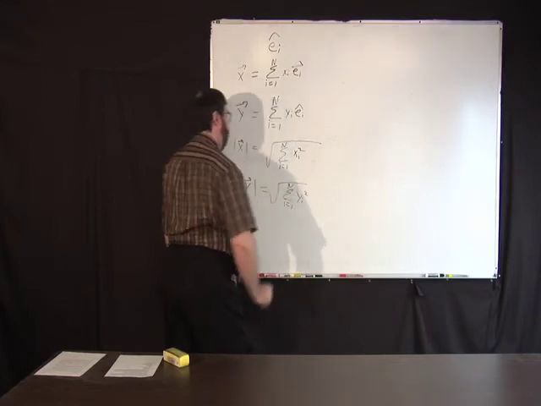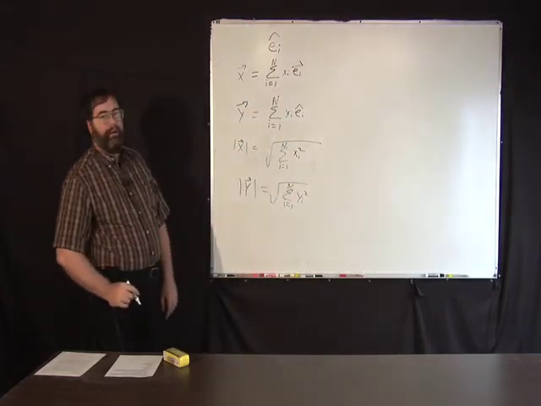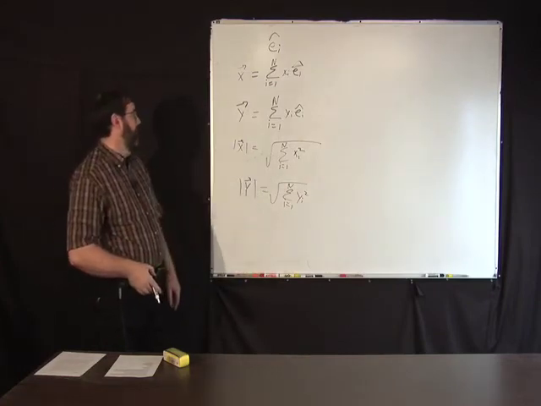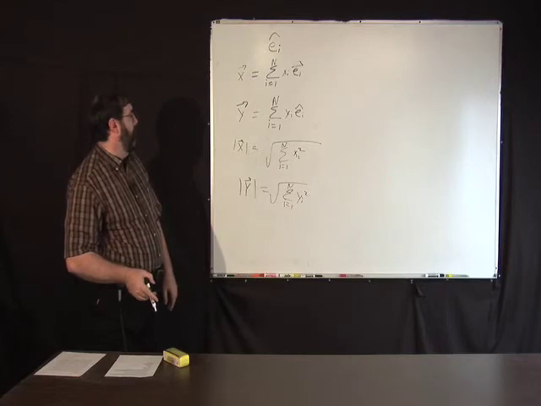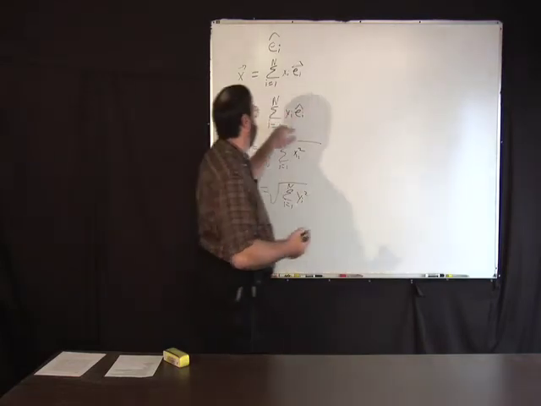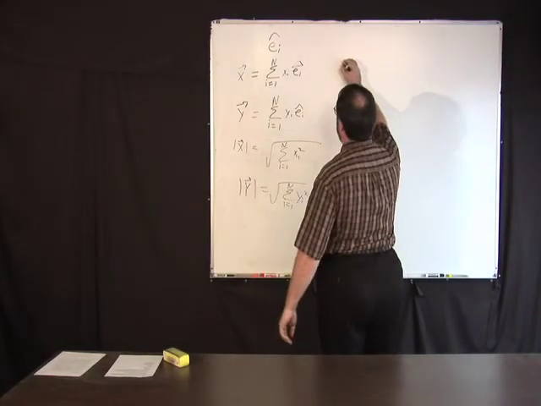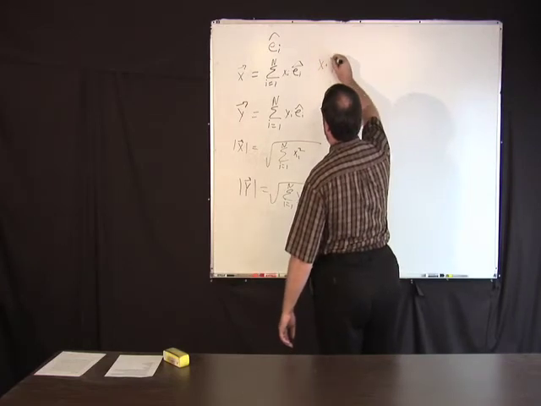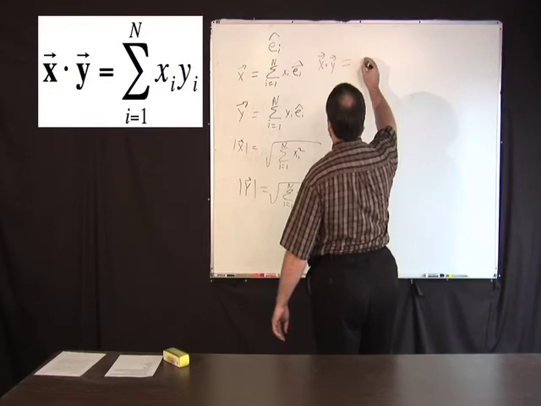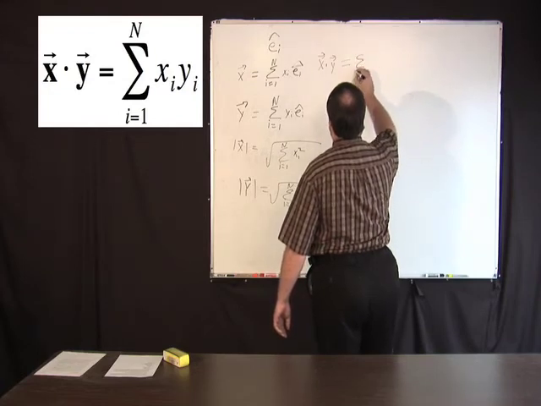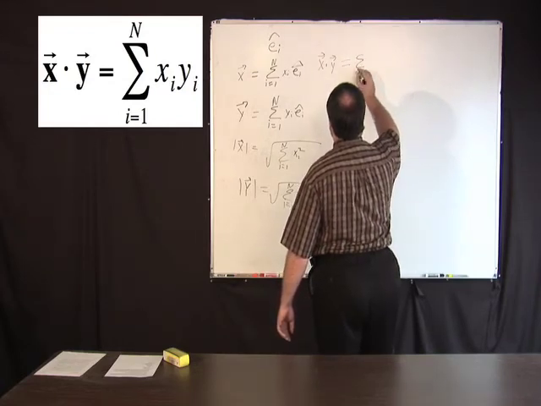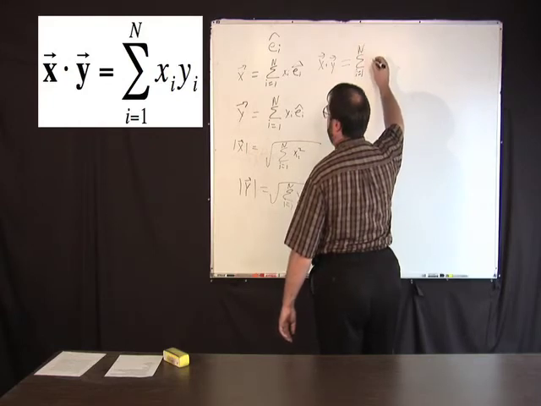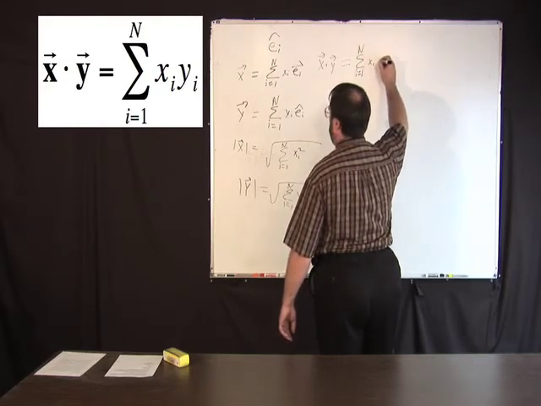The square root of the sum of y_i squared. Well, what's the dot product in this n-dimensional space where n is greater than 3? Well, you can show that x dot y in n dimensions is going to be the sum, i equals 1 to n, of x_i y_i.